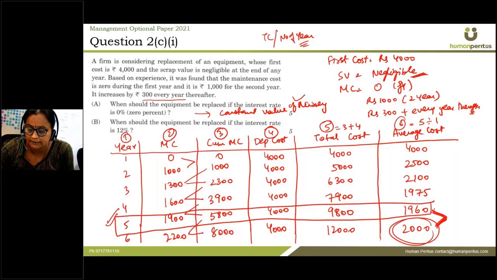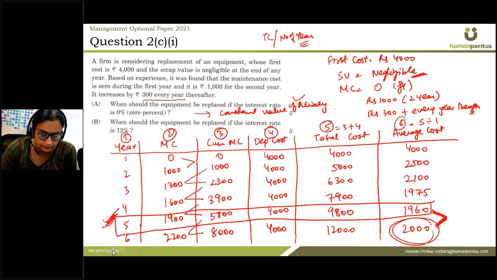So which is the least average cost here? That is 1960. So we will look at the corresponding year, which will give us the optimum replacement period. Okay, clear?